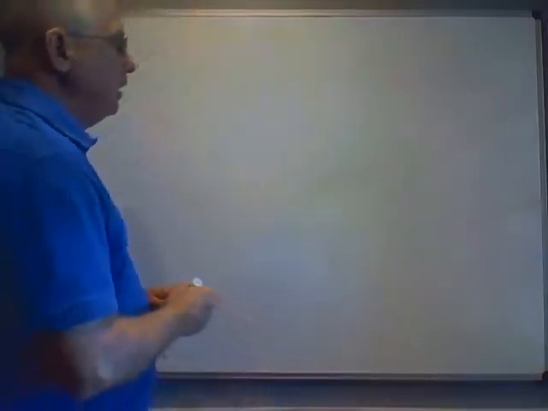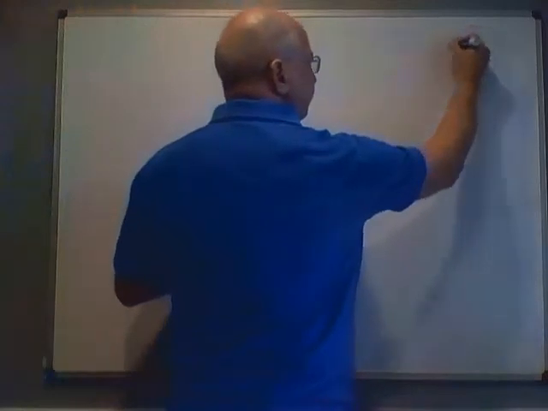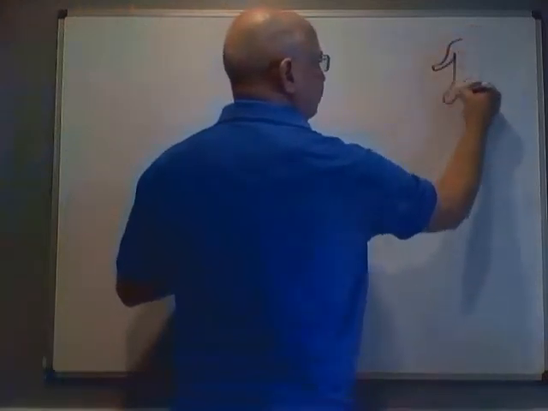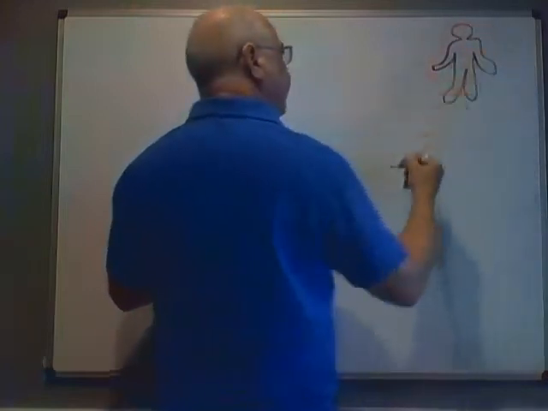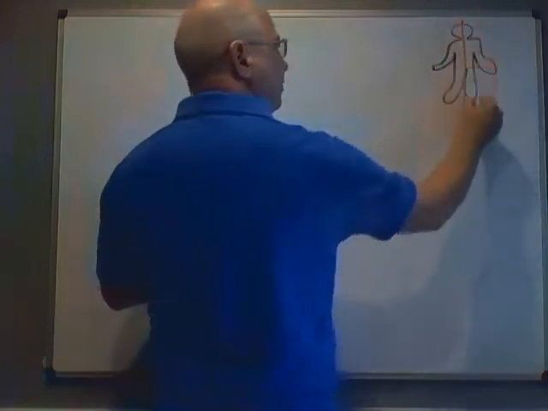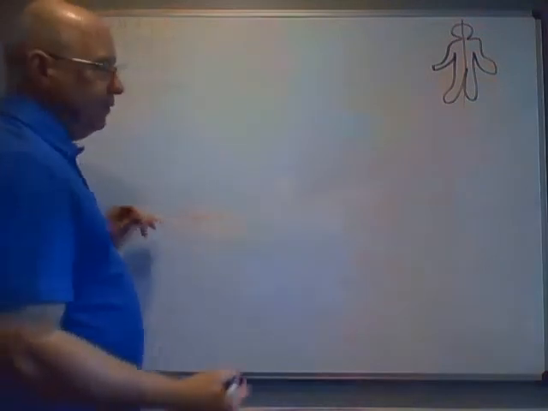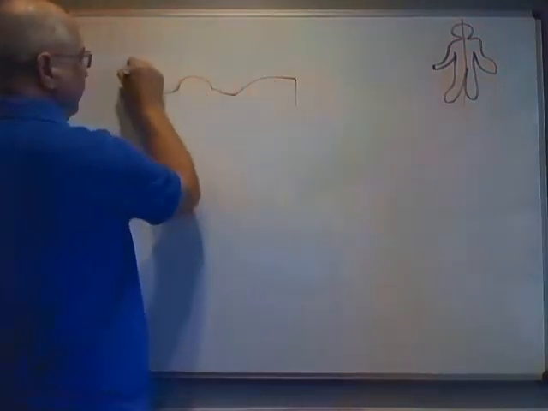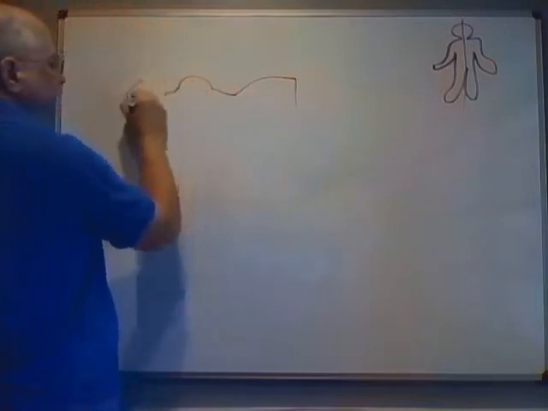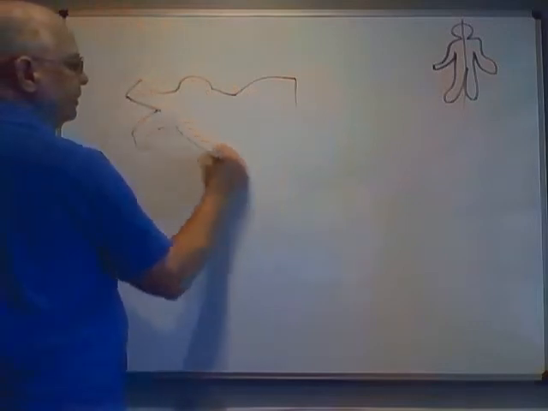So now, I'm going to draw a little person over here, arms, legs, just a small diagram, okay? And imagine if we could draw them in half. Now, if I were to look at the spinal cord, I'm going to draw a simplified version of the spinal cord. I'm not even going to put all that stuff in. I'm just going to do this, okay?